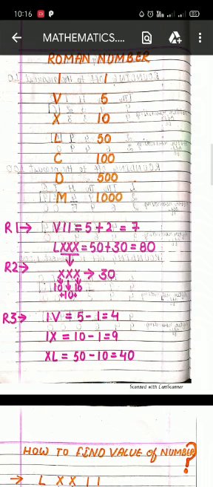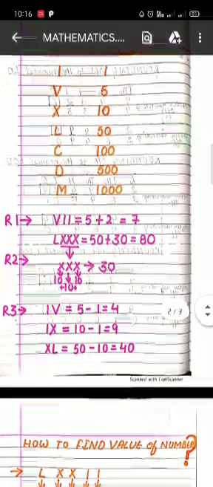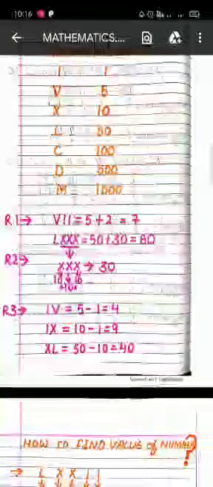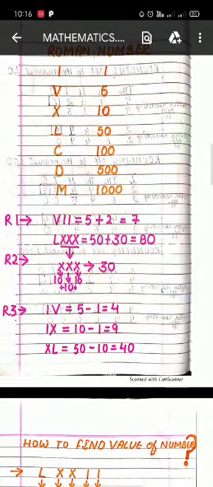Okay. Next, the third rule is when a smaller letter is placed on the left of the bigger letter, it means subtraction. So here if the smaller number is placed on the left side, means it is written before the bigger number.